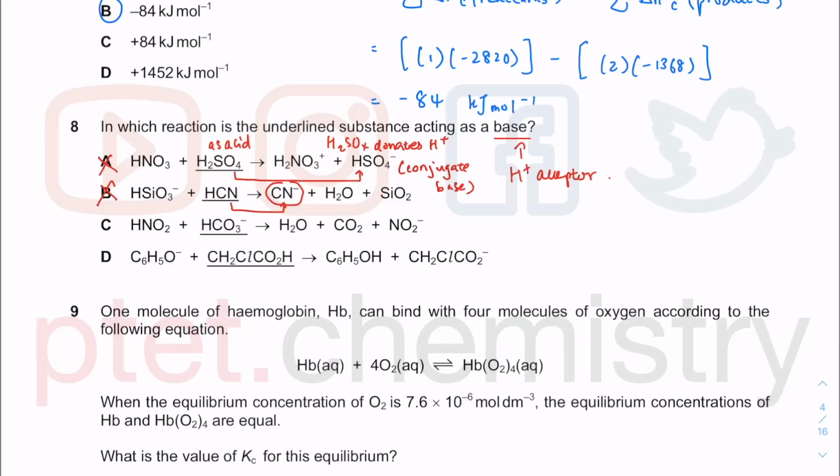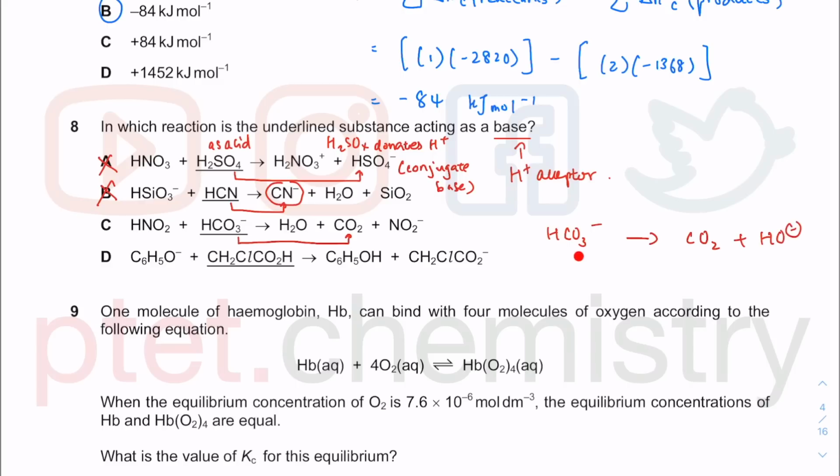The HCO3 minus, what has happened there? Well, it has gone from the HCO3 minus to CO2. What has happened? If you become CO2, you minus carbon, minus 2 oxygen, you have HO minus.